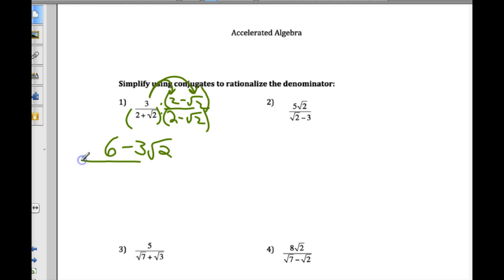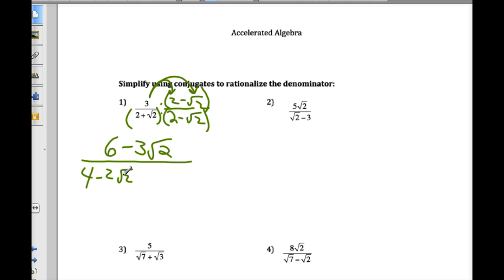All right, let's do the bottom now. This is the hard part. First, multiply the first pieces of your binomials together. 4. Excellent. Outside: minus 2 radical 2.